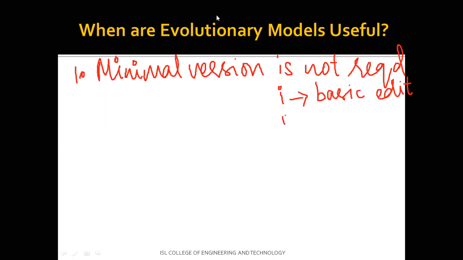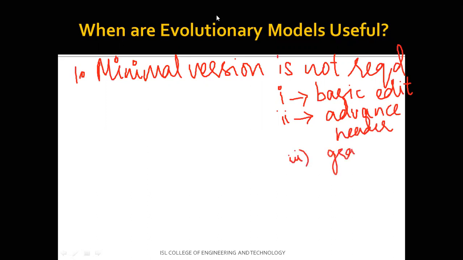Then within the next increment, you might get some more advanced features like page layouts, headers, footers. Then you might get some graphics or animations to add. You might get different features within different increments. But when this is not required, you go for evolutionary. That is, all of these things should be delivered at once.